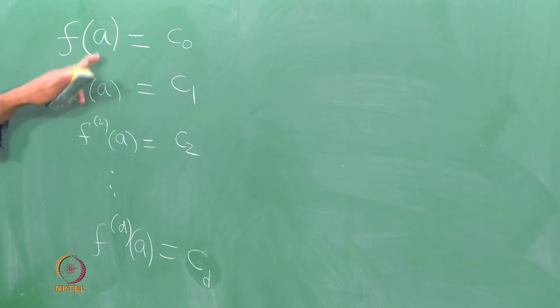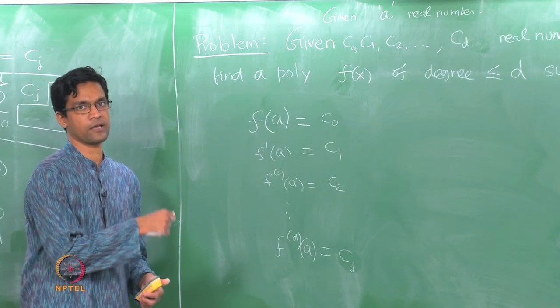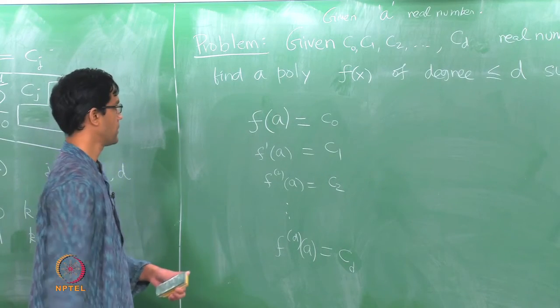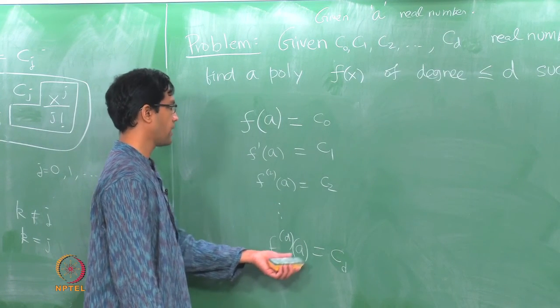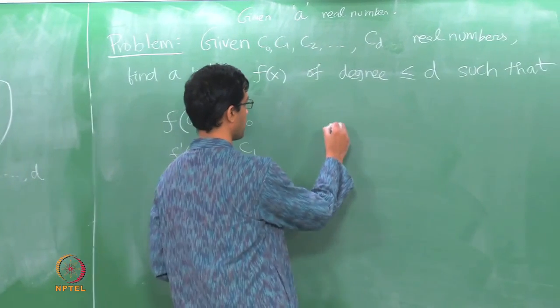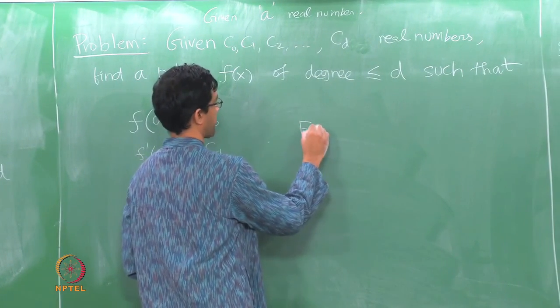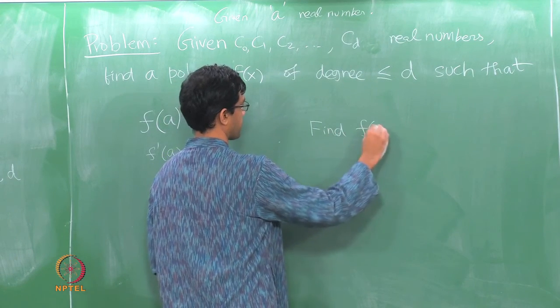So basically, instead of plugging in x equal to 0, what you are doing is plugging in x equal to a everywhere. Given all the higher order derivatives at the point a, how do you reconstruct the function f itself? The problem now is to find the polynomial f.